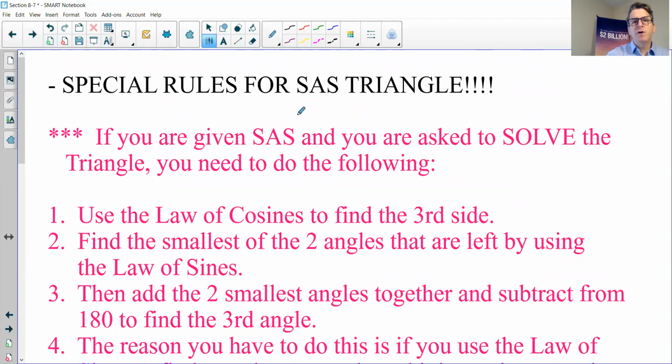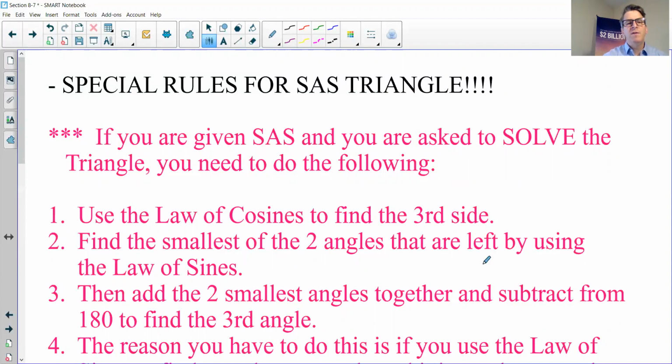Special rules for side-angle-side triangles. If you are given side-angle-side and asked to solve the triangle, you need to do the following. Step 1, use the law of cosines to find the third side. Step 2, find the smaller of the 2 remaining angles by using the law of sines.